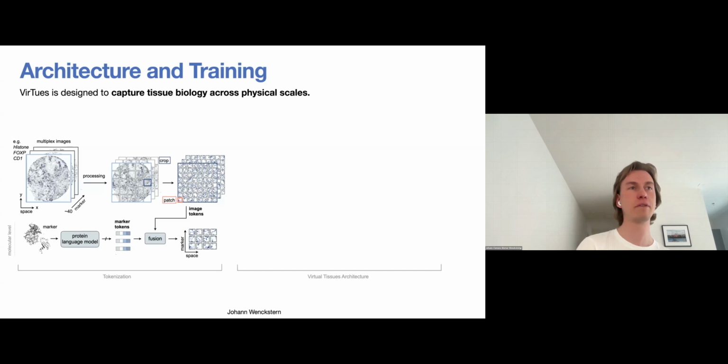For this, we use a protein language model, which allows us to embed every measured protein marker into a single vector representation, which we call the marker token. This we fuse to the image token. So the image tokens of, let's say, histone get fused with the histone marker to identify that this pixel intensity patch corresponded to histone. This set of tokens is then the input to our transformer model.